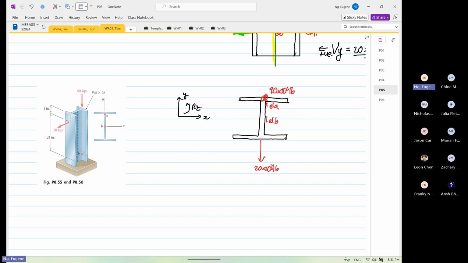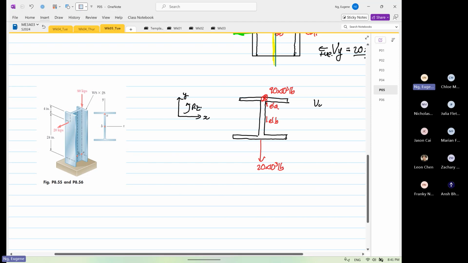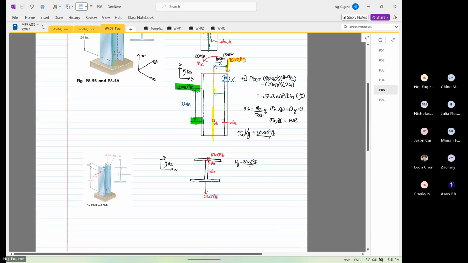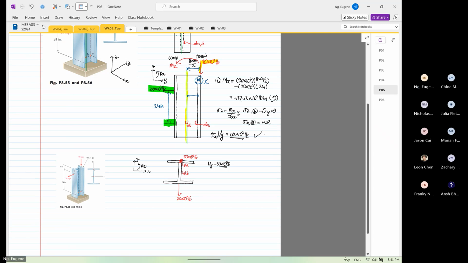So what we gain from drawing this view, we can only say that By is equal to 20 times 10 to the power 3 pounds, which we had over here already. So that's why sometimes you can just do two views, you don't need to go up to three views.